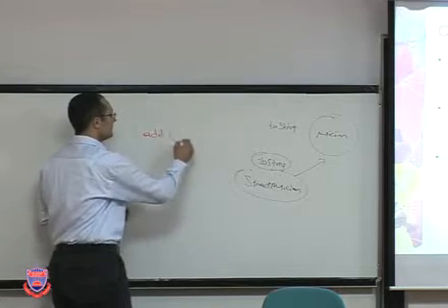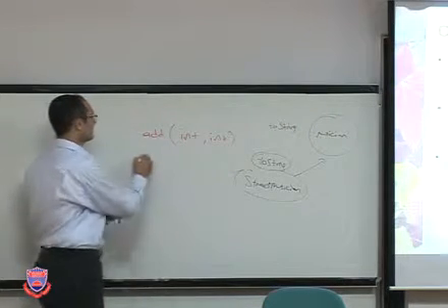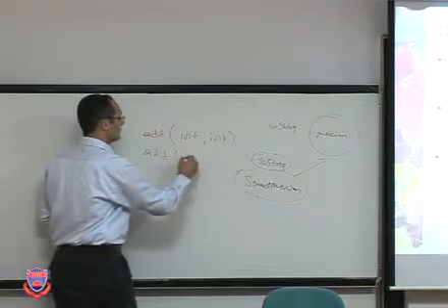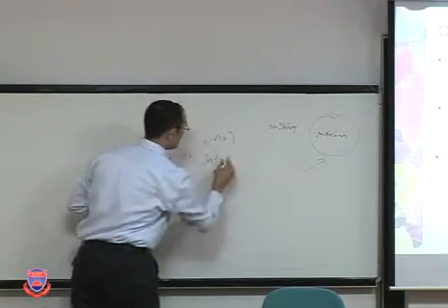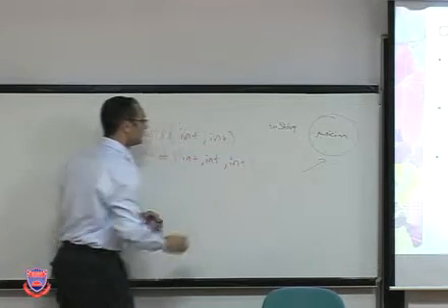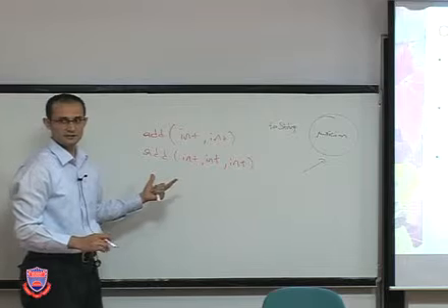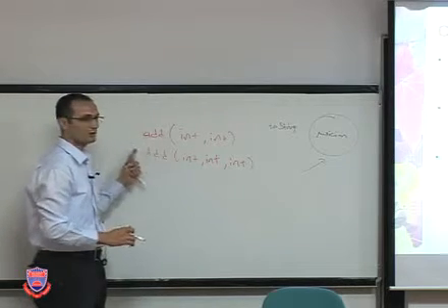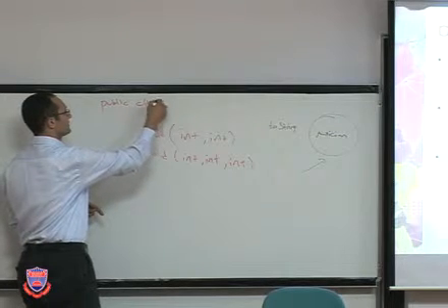I have add with, let's say, integer signatures. However, I have another overloaded method with a different signature. Again, the signature was, if you remember, the number of variables and their types that identify the signature of a method. So this is overloading.